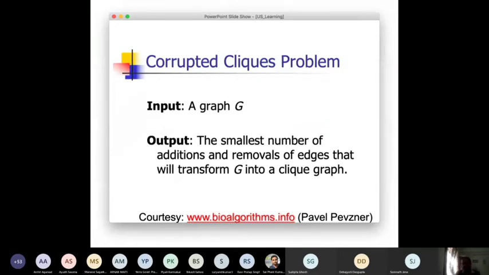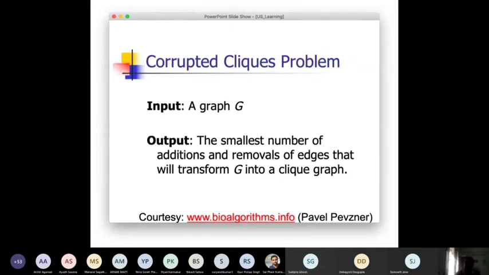But the problem is further elaborated in the sense that there may be noise in your data sets. So in the graph you derive, some of the edges may not be the correct edges, but still the edges will be there, because you cannot eliminate this noise completely, and you assume there would be noise. Some of the edges are noisy. That is how the question of the corrupted clique problem comes.